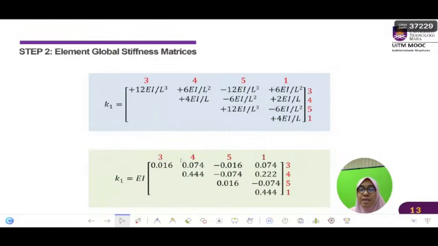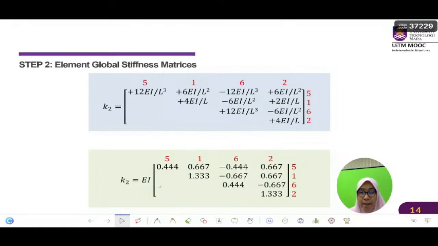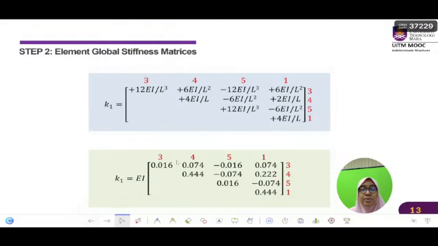So we have to label them correctly, where we label near x y, far x y. 3 is near x, 4 is near y. So near x y, far x y. That is why we get 3 4 5 1. It means that 3 4 belong to the near end, 5 1 belong to the far end.